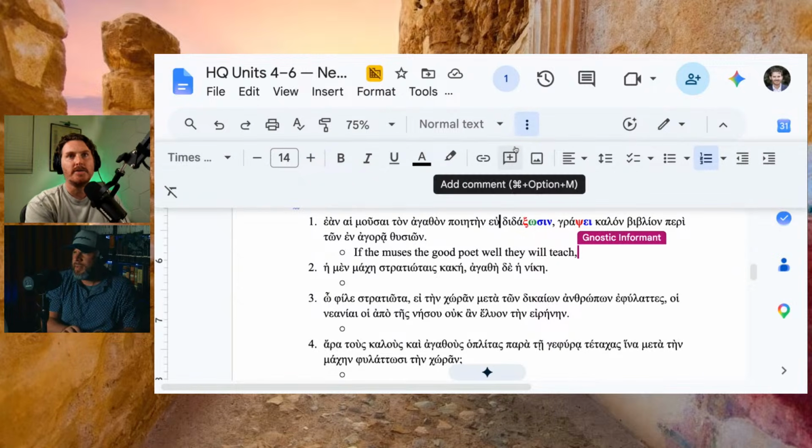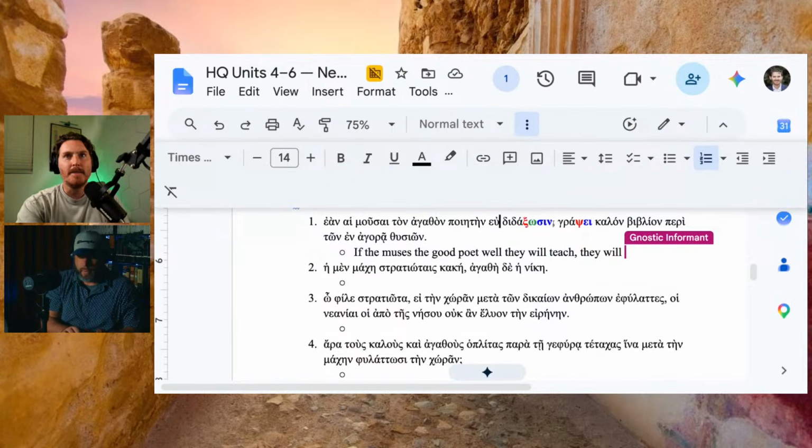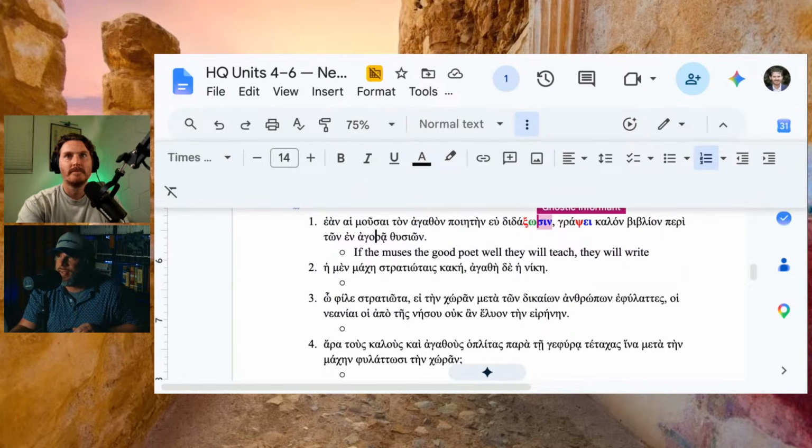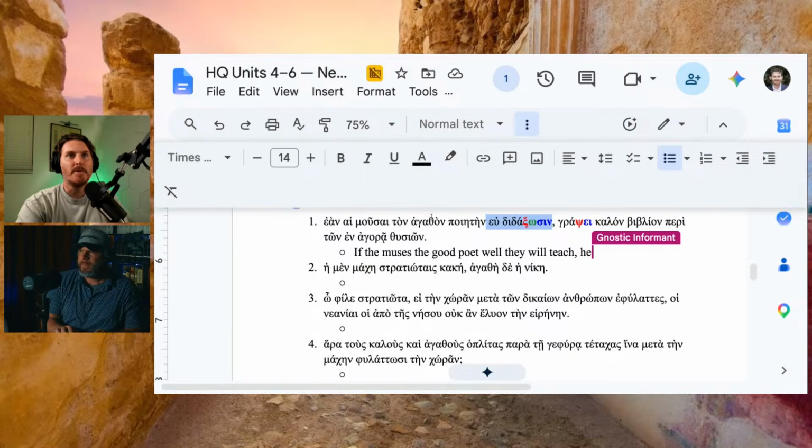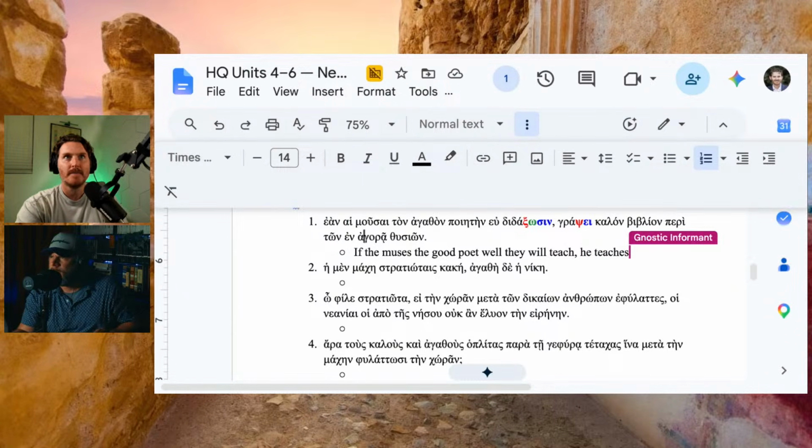There's a typo in the protasis. Can you see it? I can already tell just by looking at the ending. Oh no, I got this one wrong. This is "he teaches." But there's a typo in the protasis. Can you spot it? It's just an issue with the diacritics.